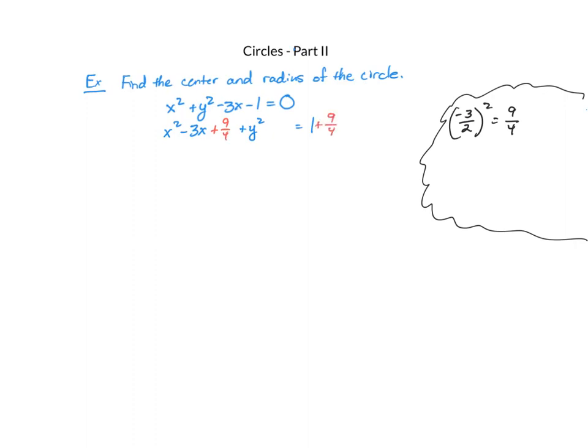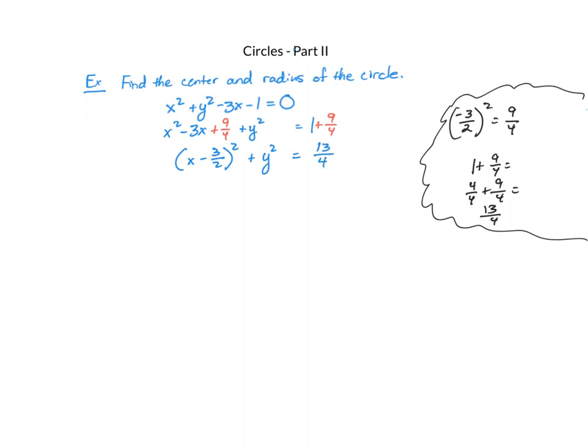So our perfect square will be (x minus 3/2) squared. We still have our y squared, and that will equal 1 plus 9/4. Again, I'm over here at my scratch paper. 1 plus 9/4 is equal to 4/4 plus 9/4, which is 13/4. So we'll put in the 13/4.